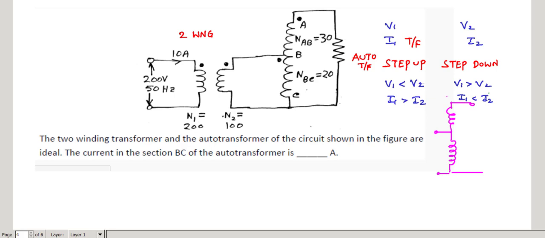This is point A, this is point B and this is point C. I am applying voltage V1 and getting voltage V2. The current I1 is entering here and I2 is leaving here. I have N1 turns here and N2 turns here.